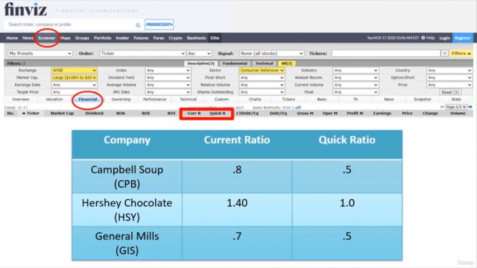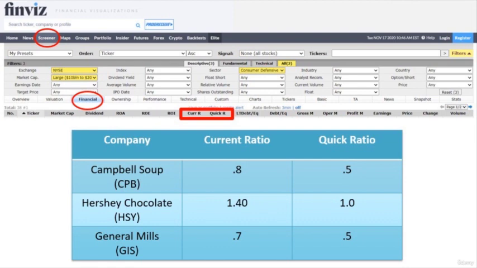So if things go bad in the economy or Nike struggles for something, maybe they had a big shoe recall or some scandal, which they've had in the past, of course, as far as the manufacturing of shoes, they need to be able to meet their short-term debt, so they carry a little bit more cash and things on hand to meet those obligations. And thus their current ratio and quick ratio are at 2.5 and 1.80 versus these lower numbers for these defensive consumer stocks, things that people are probably going to buy.